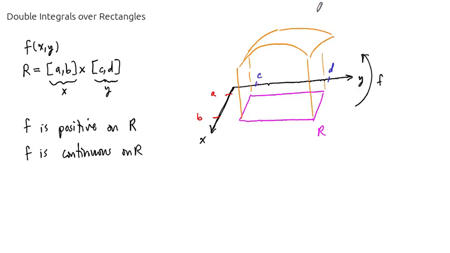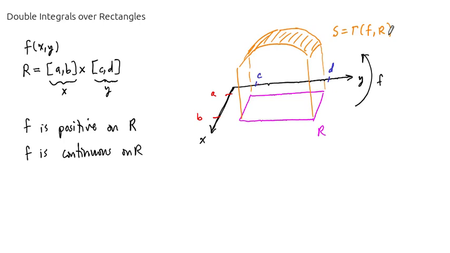So you can imagine that this is drawn properly. I'll try to fix it just so we can get a better point of view here. So up here, this portion that I'm shading right now, this is the surface, and this is the graph of this function f over the rectangular region R. And what we would like to do now is integrate this function over its domain R.